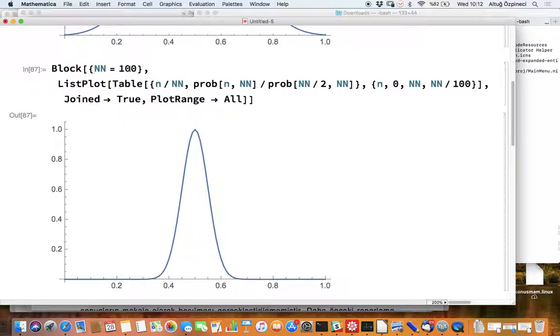Now let me increase the number. Now I have 100 particles, and this is how the probability distribution looks. Now if we have 100 particles, you see that still the maximum is at 50%: 50% of the particles are on the left and 50% are on the right.